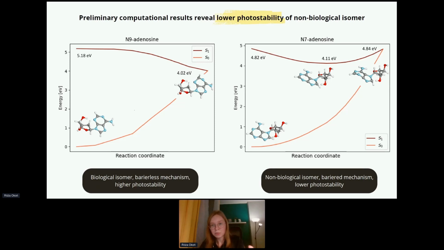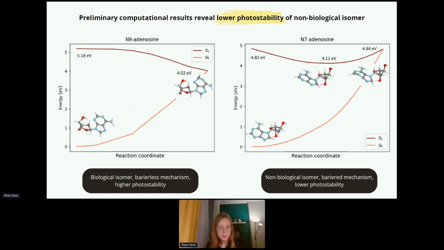And you can see that both of the molecules, both 9- and 7-adenosine, do have such a reaction, which allows for obtaining some geometry which allows for relaxation of the excess energy. But the crucial difference between these two plots and these two molecules is the topography of these plots.